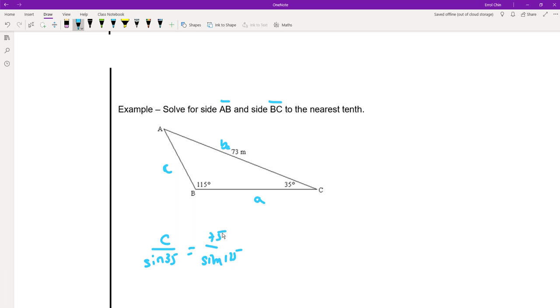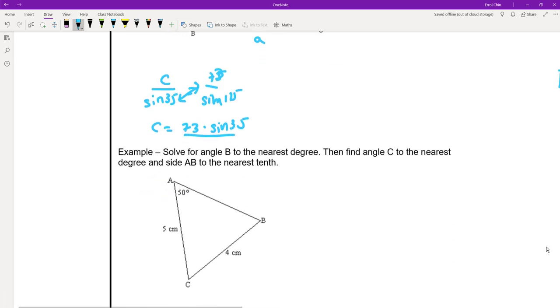Now I do some cross multiplication, or I can just say these two multiply each other. So c is equal to 73 times sine 35, all divided by sine 115.